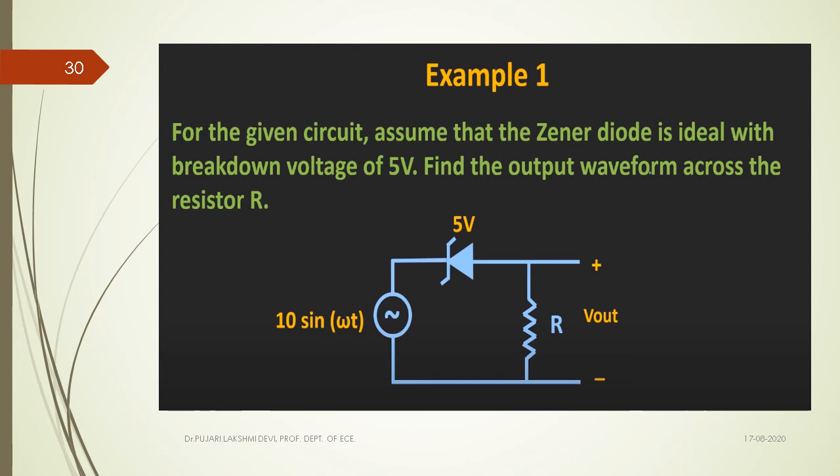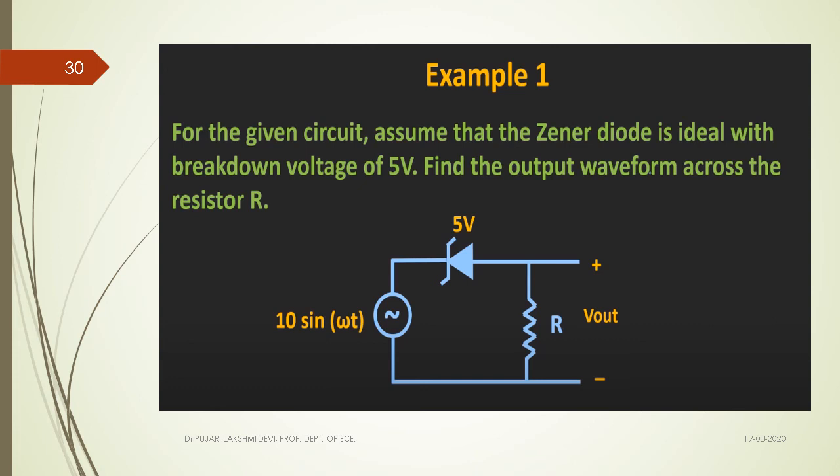Let us see the input voltage, a sinusoid denoted as 10 sine omega t. This is the magnitude of the signal, 10 volts, and 5 volts is the Zener breakdown voltage given. And the output across this R we are going to measure.